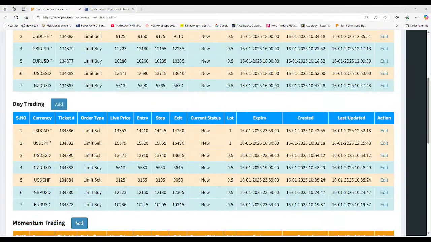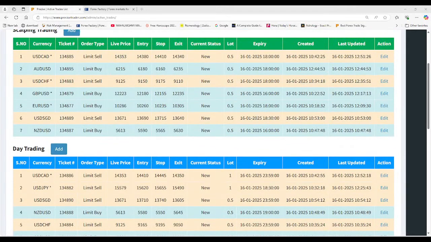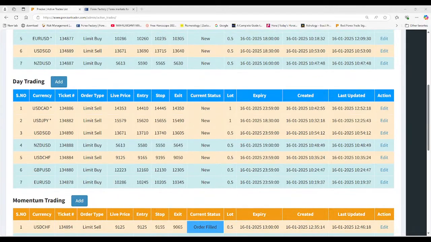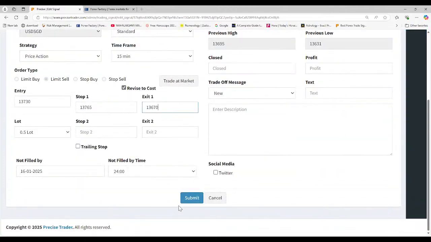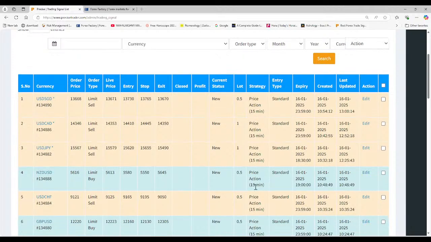Okay, let's see what signal we have given. We have given sell at 36.90 and 37.10. This 37.10, I think we need to revise to 37.30, and remember, we should exit before 36.60. This is the call for the daily call.